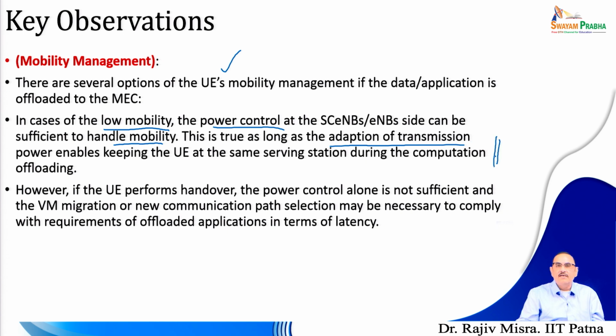However, if the power is not sufficient to keep the user equipment at the same serving station, then it has to migrate. If the user equipment performs a handover, the power control alone is not sufficient and VM migration or a new communication path may be necessary to comply with the requirements of the offloaded application in terms of latency.